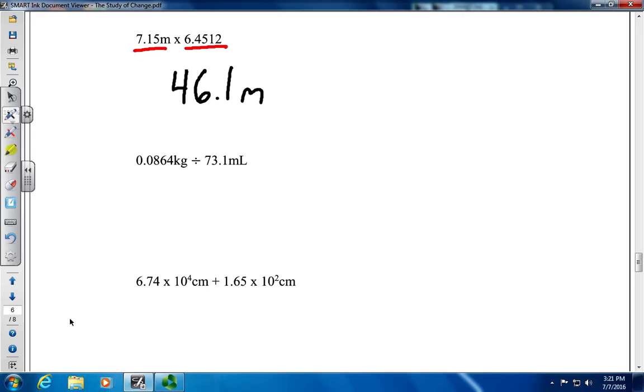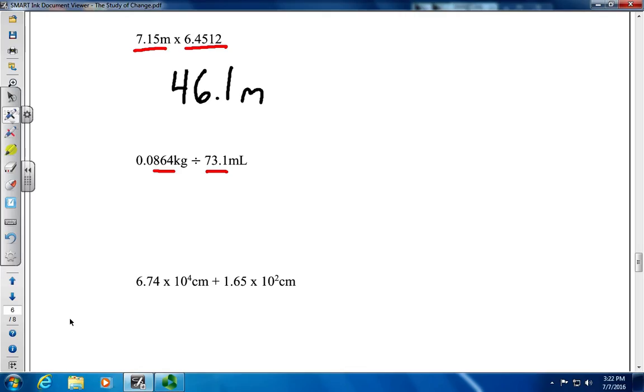This next one has 3 significant figures and 3 significant figures. So we don't have to think too much to get the appropriate number of significant figures in our quotient. So if this looks familiar to you in any way, it's because it should. Kilograms is a measure of mass, and milliliters is a measure of volume.